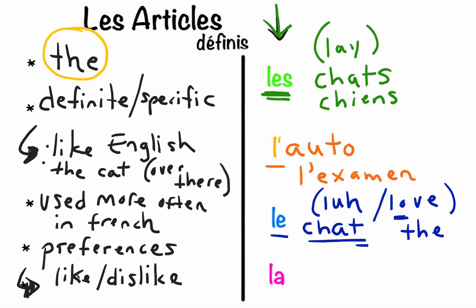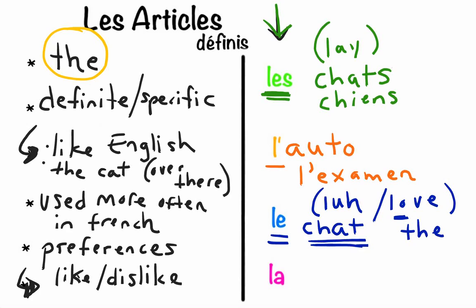There are certain endings that are clues to let you know that words are masculine, but it's much, much easier to just study the word with an article. So instead of writing on your flashcards or however you study, just the word, for instance, chat, always write the article, le chat.